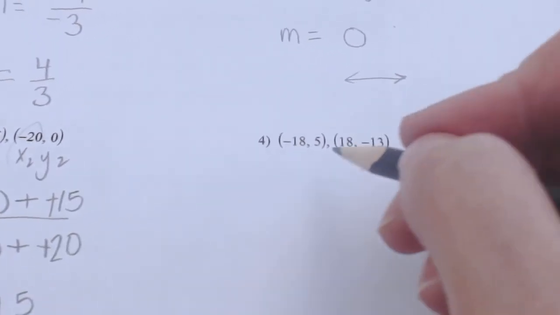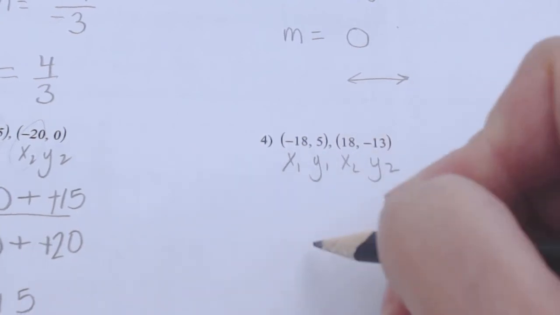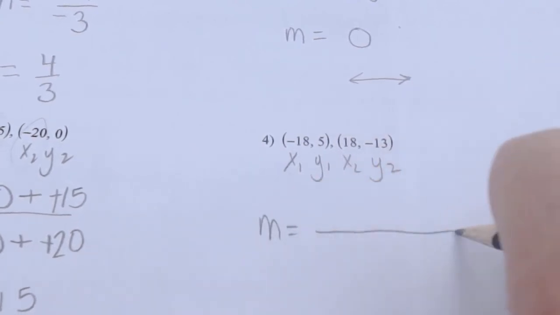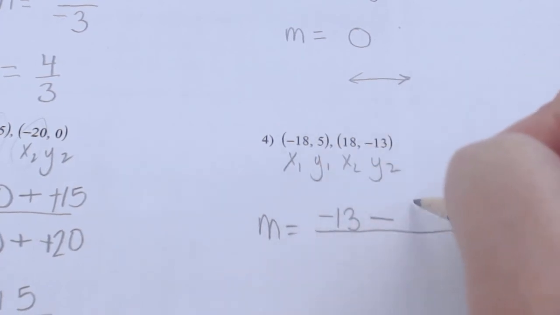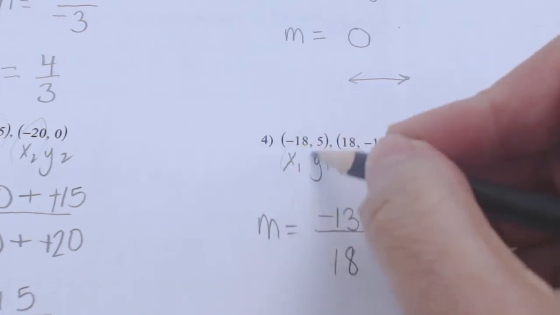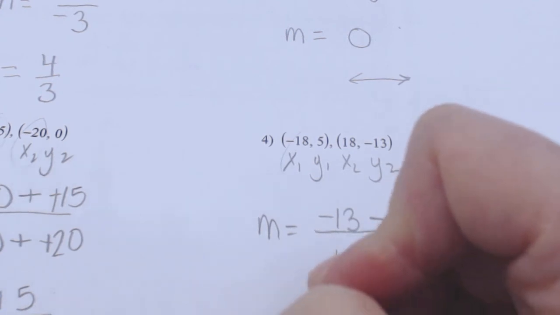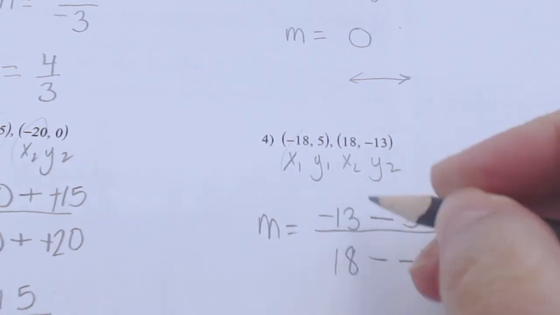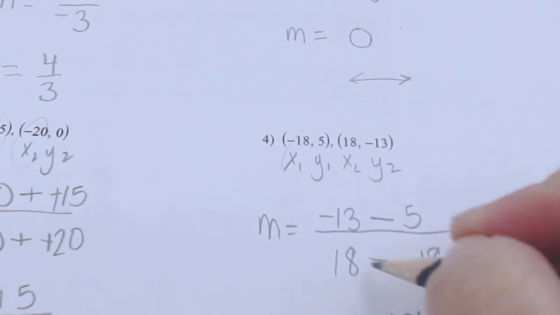Okay, our last one, x sub 1, y sub 1, x sub 2, y sub 2. Slope equals y sub 2, negative 13, minus y sub 1, 5, over x sub 2, 18, minus x sub 1, minus negative 18. Our slope equals negative 13 minus 5, which is going to give us negative 18.